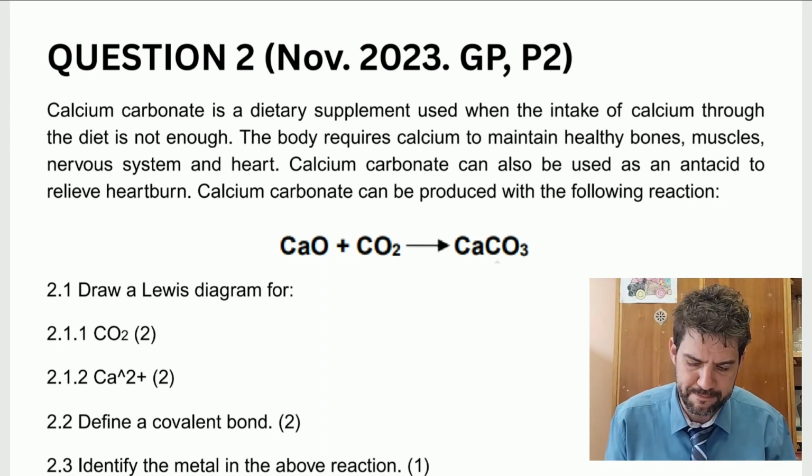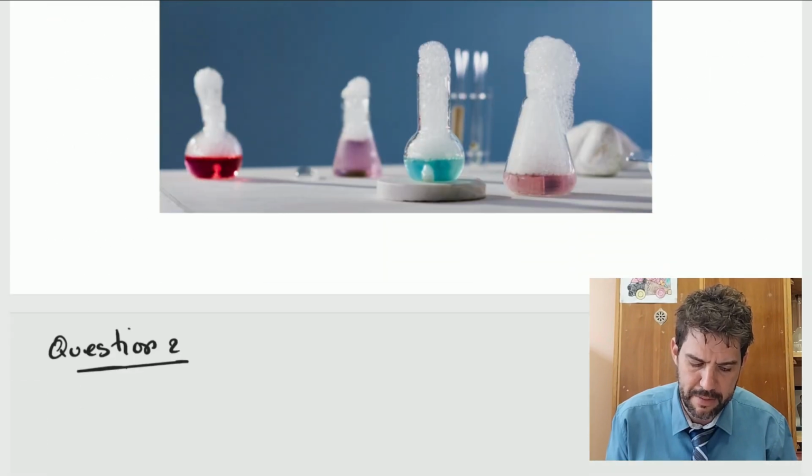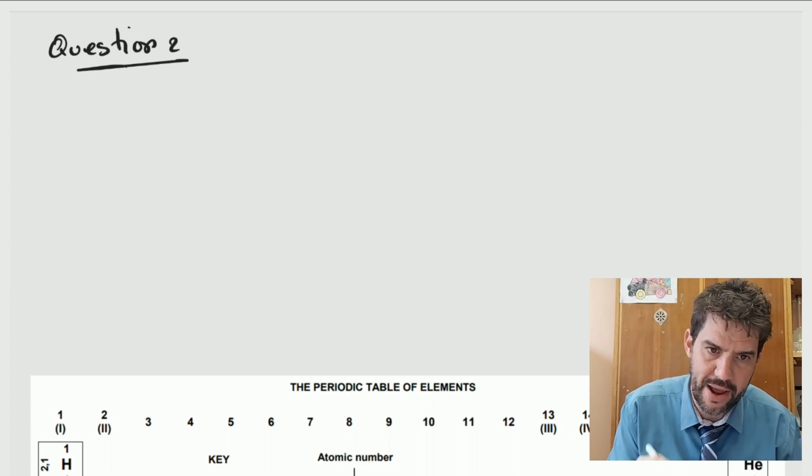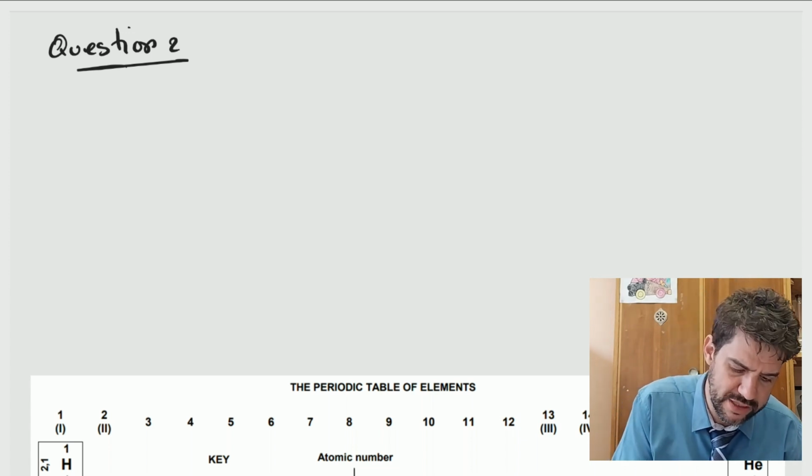But let's quickly have a look at the Lewis dot diagram. I'm going to move down. I already copied the periodic table there, guys, and I'm going to write about the Lewis dot diagram.